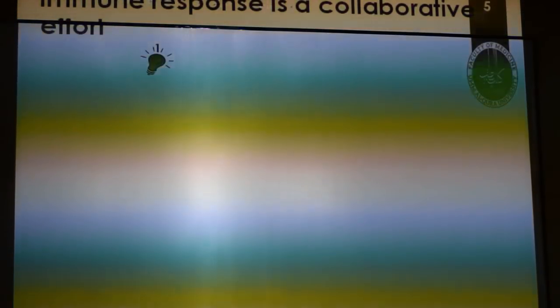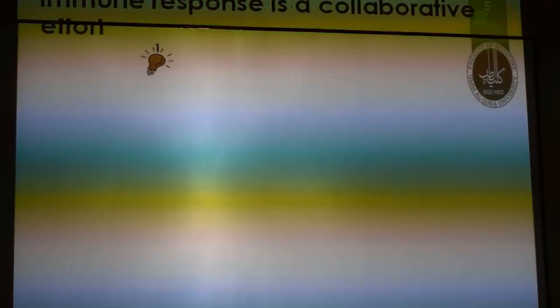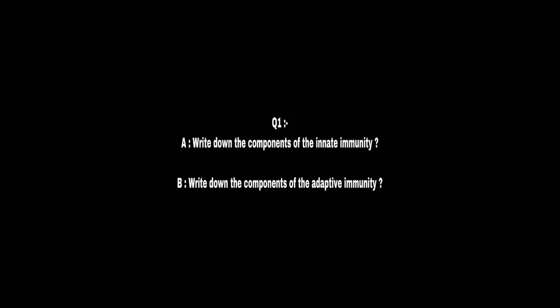You have around 1 minute to think and then write them down. Some skipped complement proteins. They thought it's not part of the innate immune system, and also the barriers.